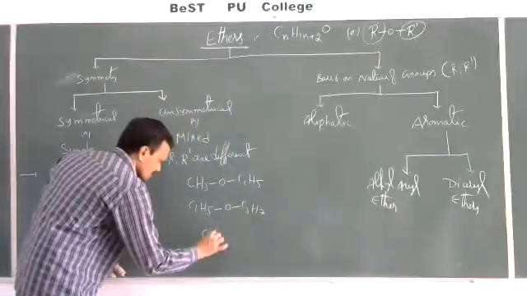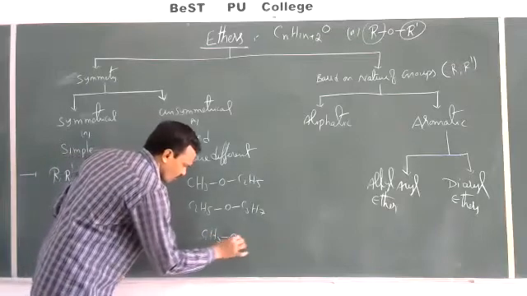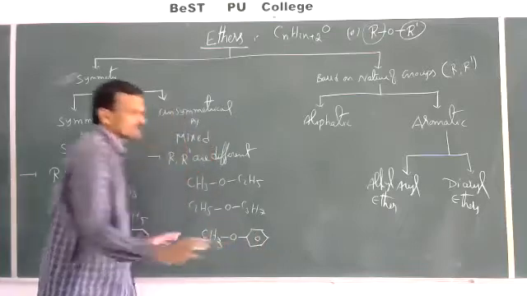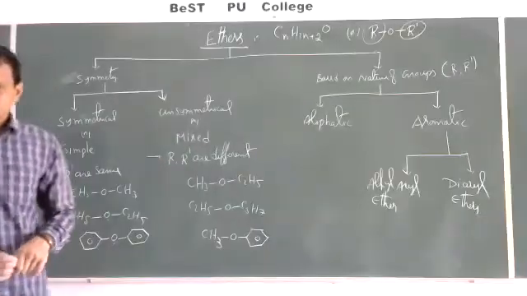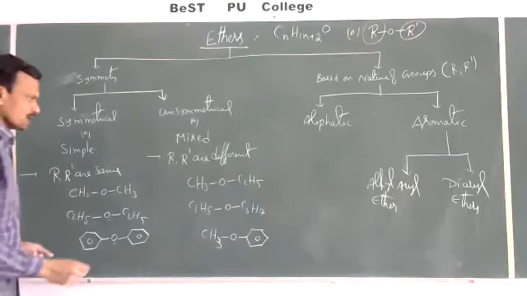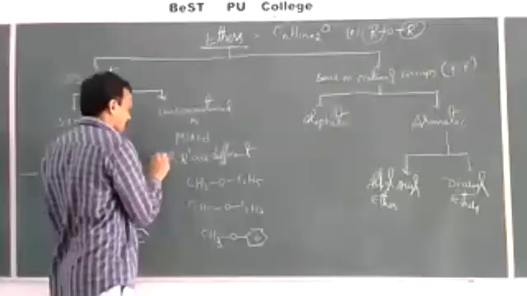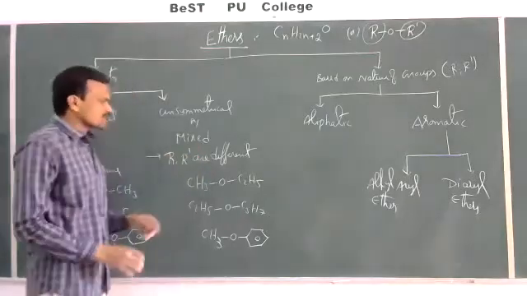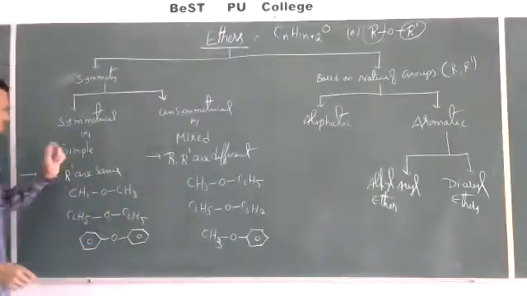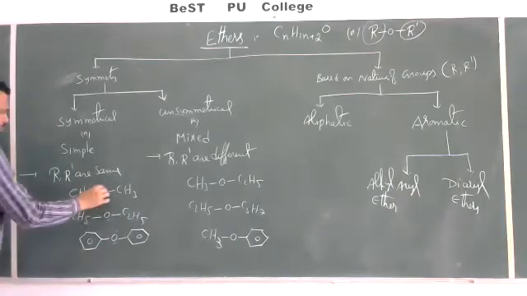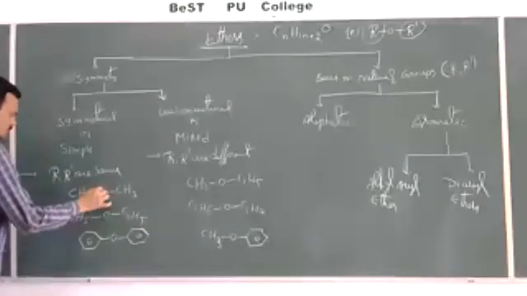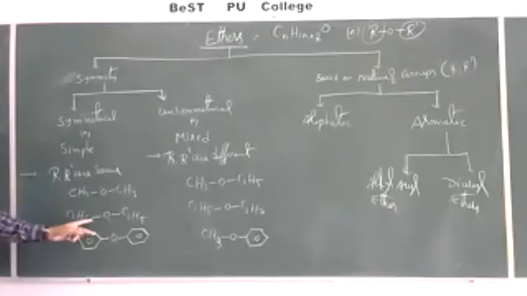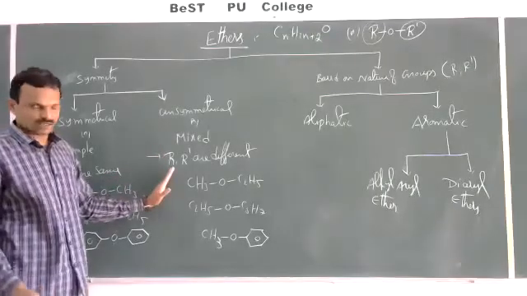Otherwise, CH3OC6H5. So both groups should be different. Whatever the group may be, alkyl or aryl, if both R and R dash attached to oxygen are different, then they are called unsymmetrical ethers. If both R and R dash attached to oxygen are the same, they are called simple ethers. Okay, simple ethers and mixed ethers.